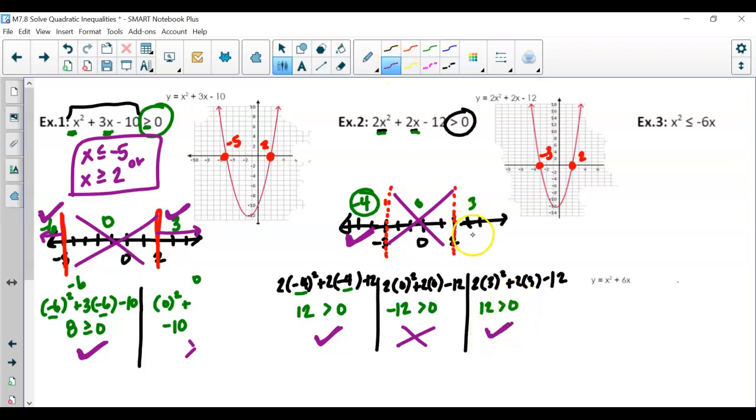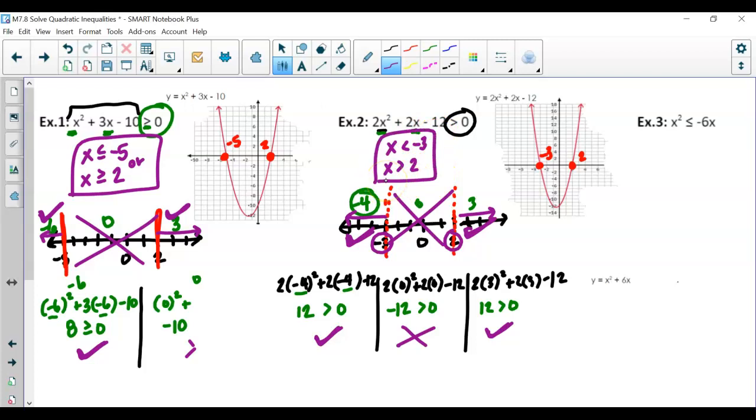Yes. So this is also a solution set. So x's are less than negative 3 here, right? Because we're starting at negative 3. So x's are less than negative 3, or again, right, we were at 2, greater than 2.